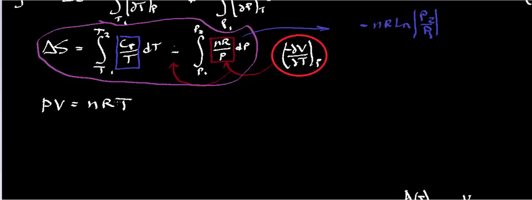By specifying any two of these variables, and I'm going to assume that we know the number of moles, by specifying either P or V, I know T. If I specify T or V, I know P, and so on. So this is ultimately a function of pressure, volume, and temperature. If I'm already specifying two variables, the other one is automatically specified.